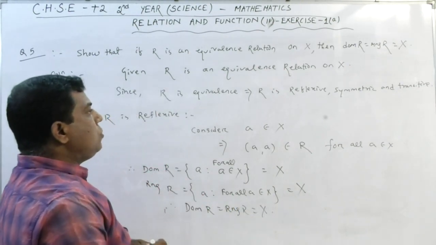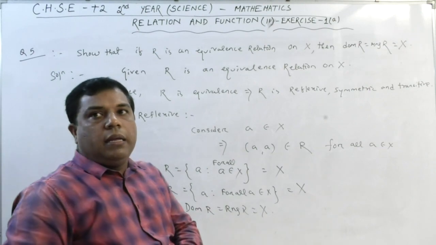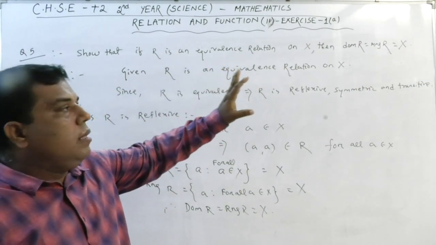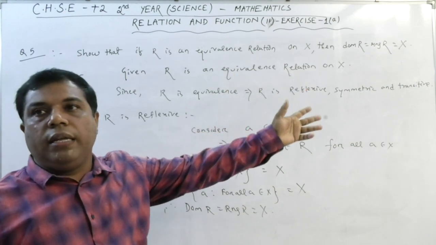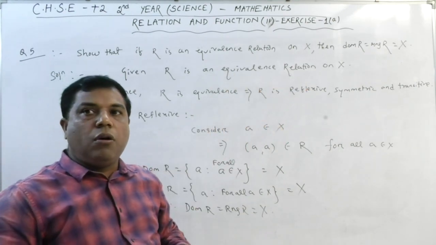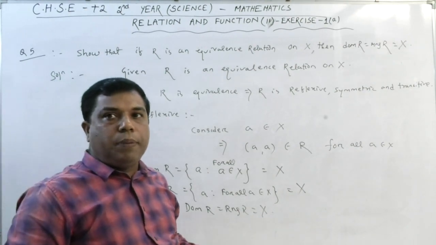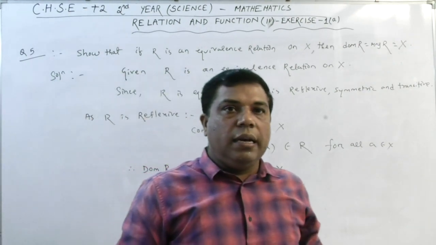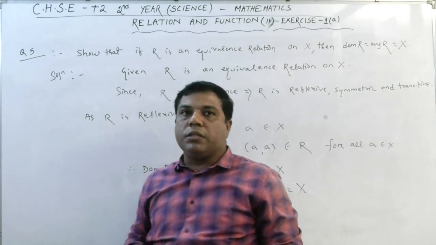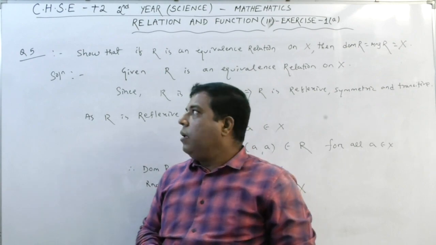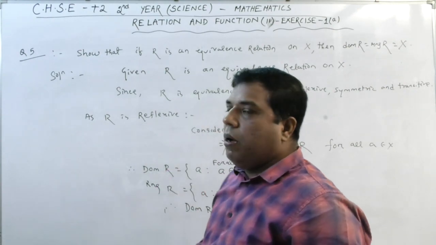So if R is an equivalence relation, then its domain is equal to its range, equal to the set X. This means all elements are present in the domain, all elements of set X are involved in it. With this question, we conclude question number 5.